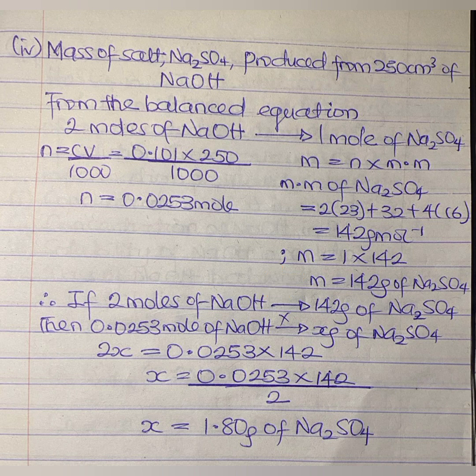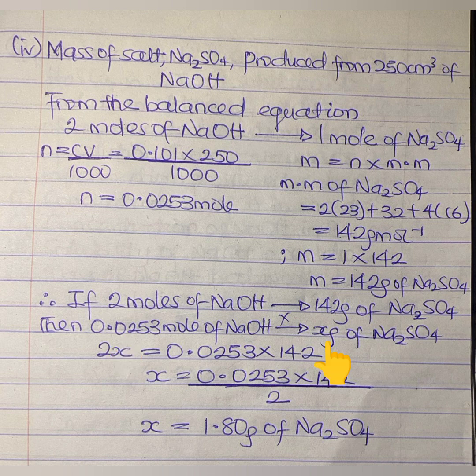Now back to the relationship. From what I said earlier, 2 moles of NaOH would literally give me 1 mole of Na2SO4. Now if I convert what I was given, which is 250 cm cube of NaOH, in terms of mole, that means I need to relate it like this. If 2 moles of NaOH is giving me 142 grams of Na2SO4, then 0.0253 mole of NaOH, what would it give me?